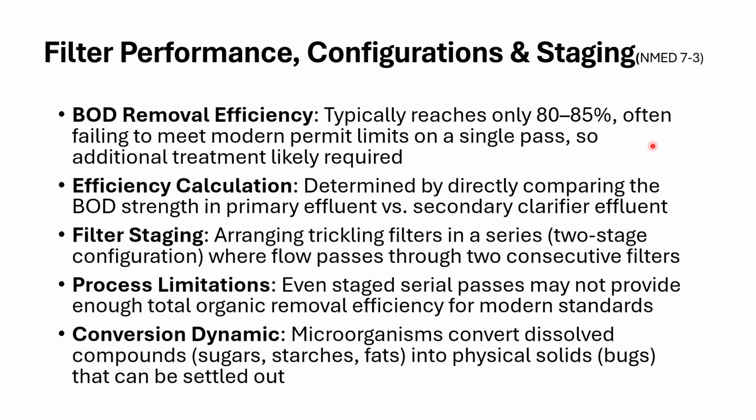But here's the thing. Recall our schematic. We're simply trickling wastewater over rock or over some type of filter media. We're not spending a lot of money or a lot of time treating that organic load. So this is a fairly low cost operational system.